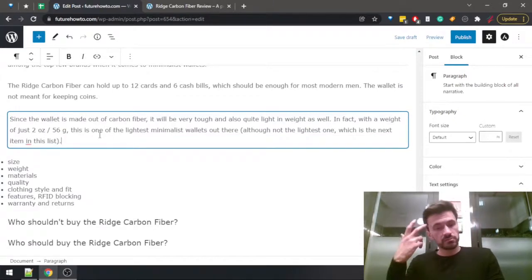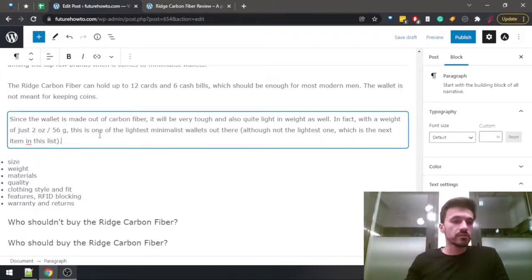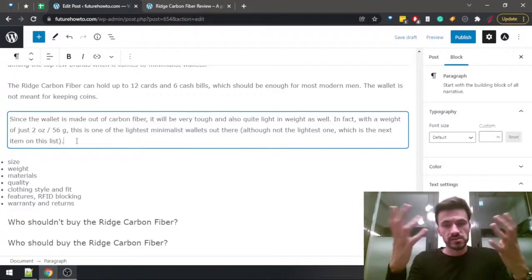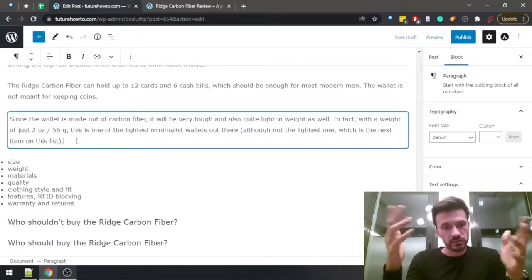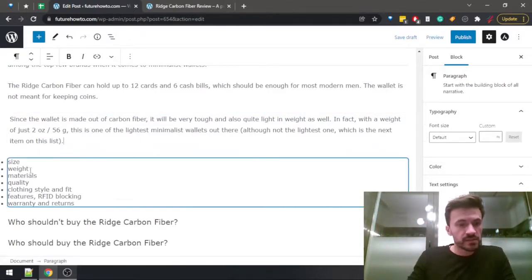This is also an interesting technique to use here and there, build a little suspense, give a little sneak preview of the content, what's gonna follow and all of that. So size and weight is covered here.